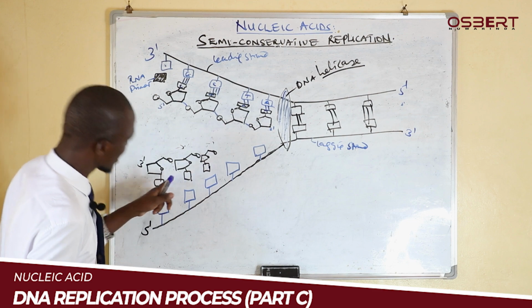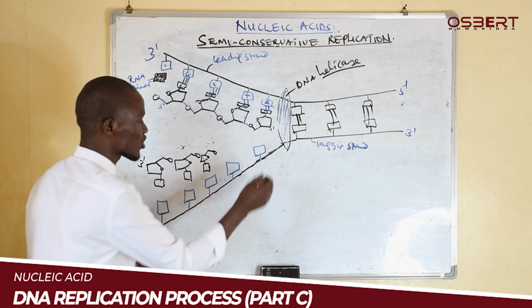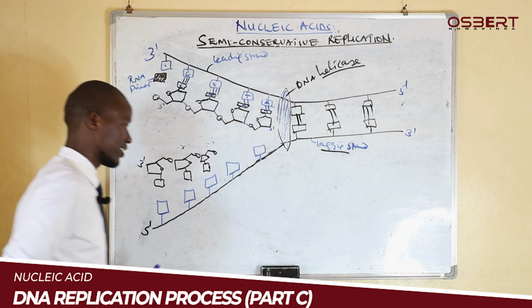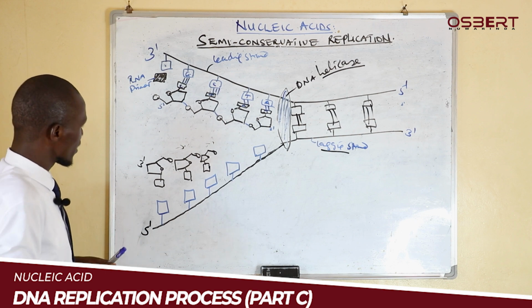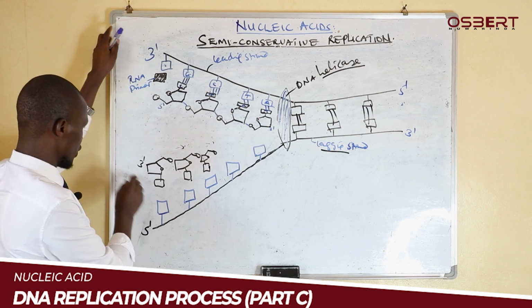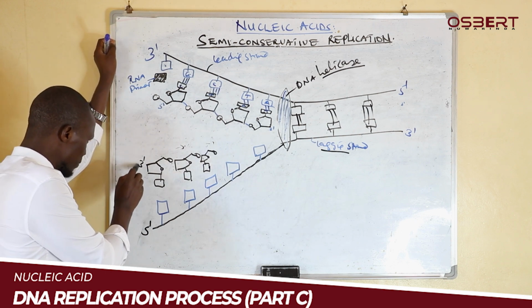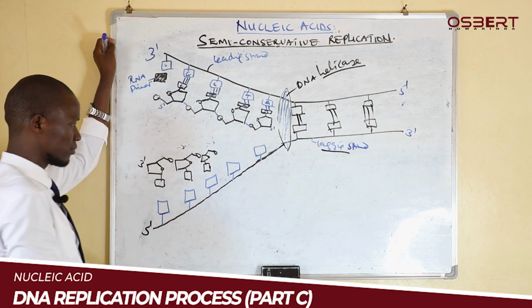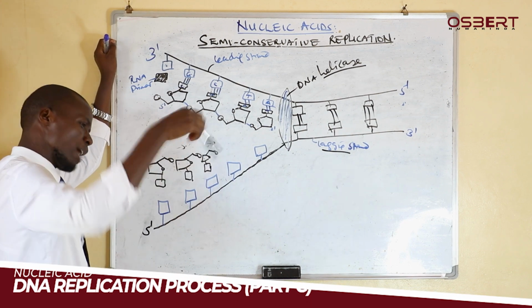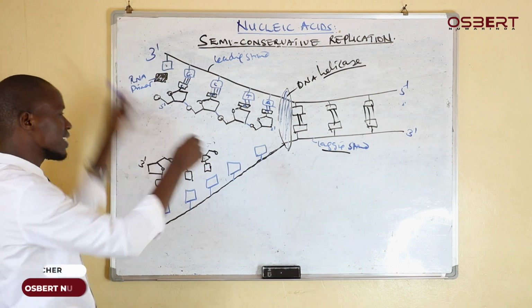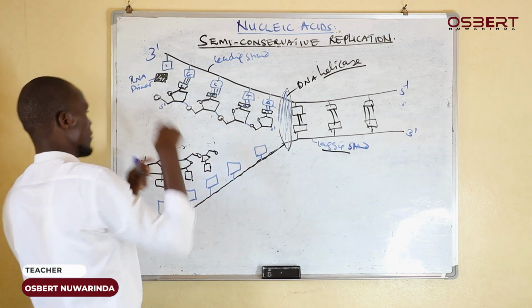For the case of the lagging strand, we are going to add a molecule in a 3' to 5' direction, and DNA polymerase works in a 5' to 3' direction.